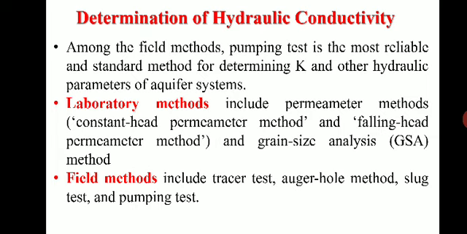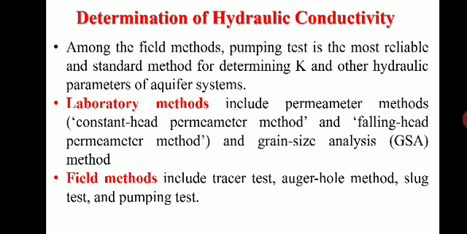Then the field methods include various methods, like using tracers, which is called a tracer test, then the auger hole method, slug test, and pumping test. These are called field tests, and they are performed in the field.